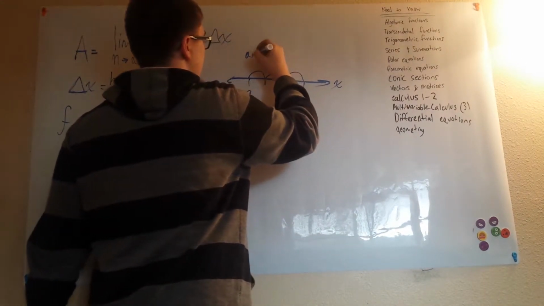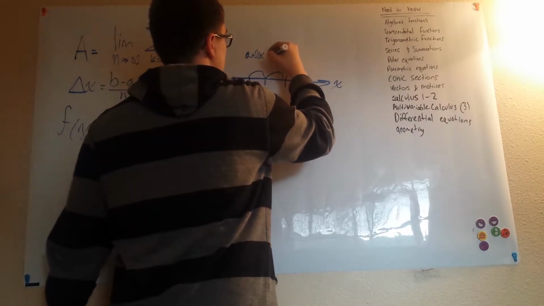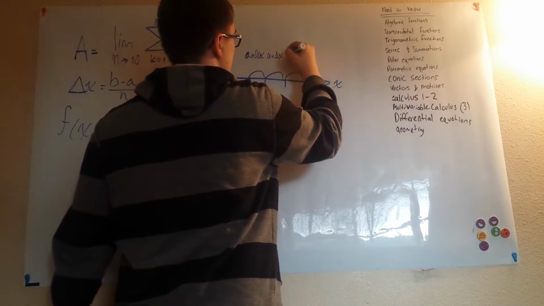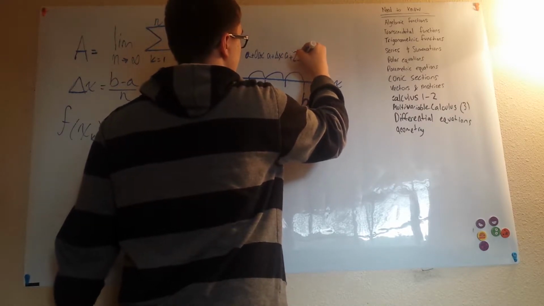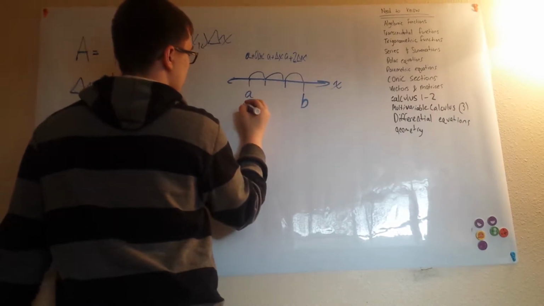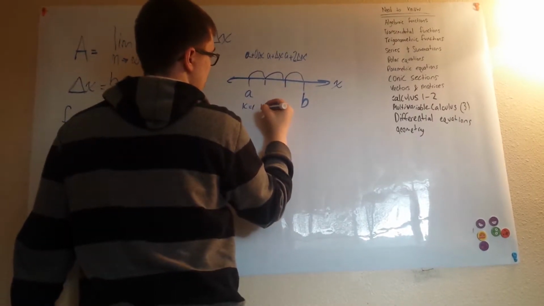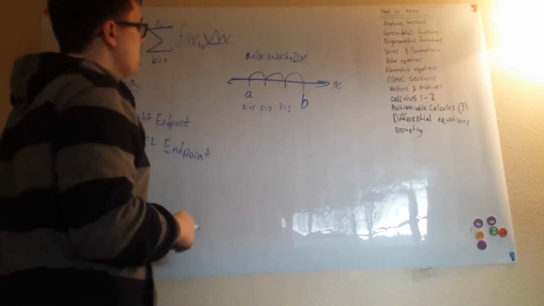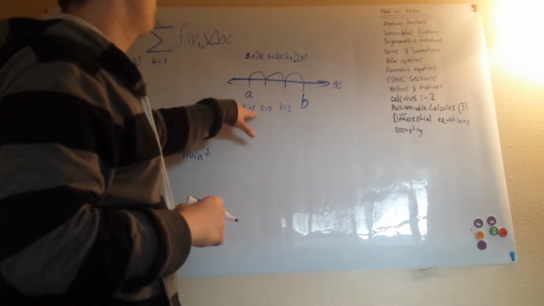So this is a plus 0 delta x. This is a plus delta x. a plus 2 delta x. So I'm going to get this a value when we have the first rectangle, the second rectangle, the third rectangle. So what's happening to my k's in relationship to this number right here?